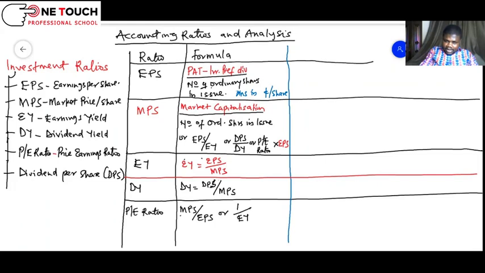So this too can be calculated as 1 over the PE ratio. There is an inverse relationship between the PE ratio and the earnings yield. You have to take note. It's very important.